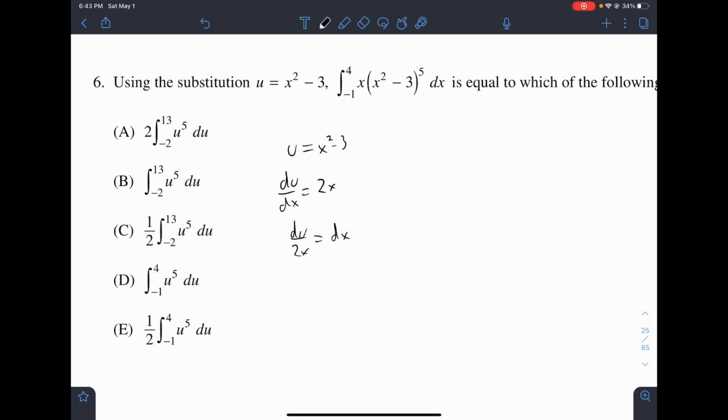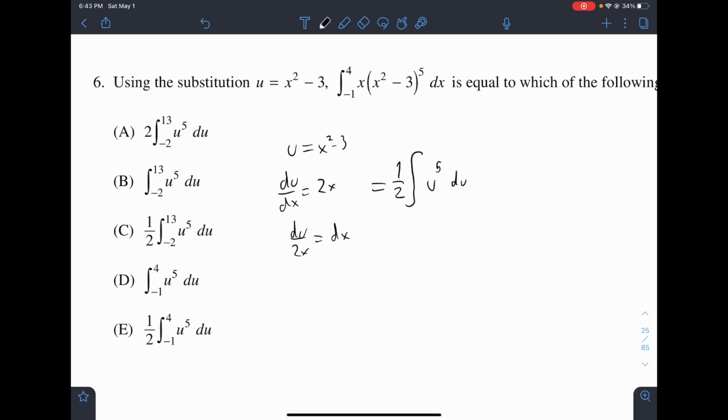So that's what we're going to substitute for our dx in the problem. So this will equal, and when we divide by 2x, we will take a 1/2 out of the equation and get rid of this x right here. So that's how u sub works. So it's going to be u to the 5th du.